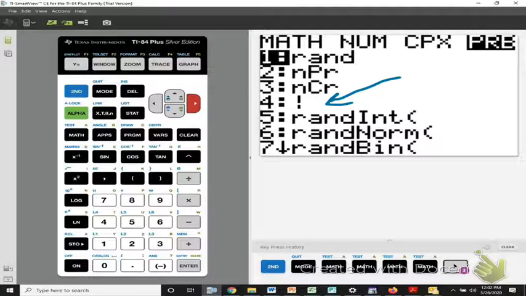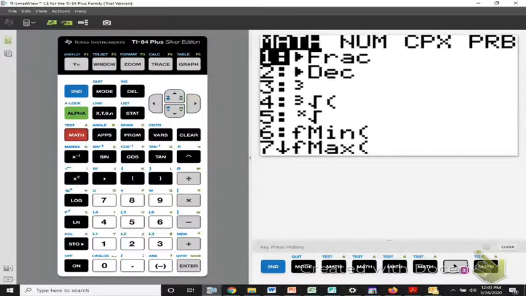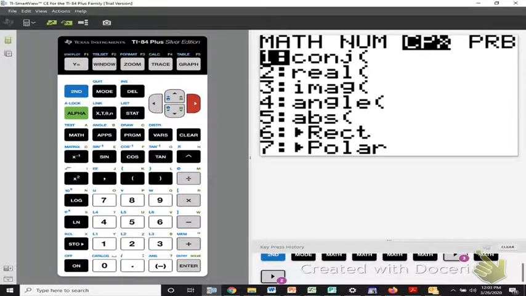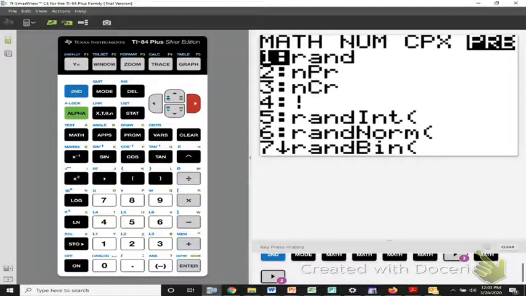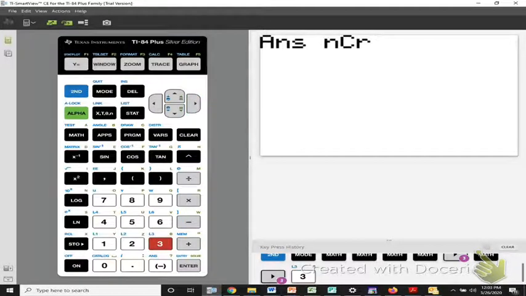I haven't looked carefully through all of the shortcut keys, but I don't think you're going to find the factorial symbol anywhere except under the math button and then the probability button. So it's going to be important that you know math, and then scroll right over to probability, and then you can choose choice 3.